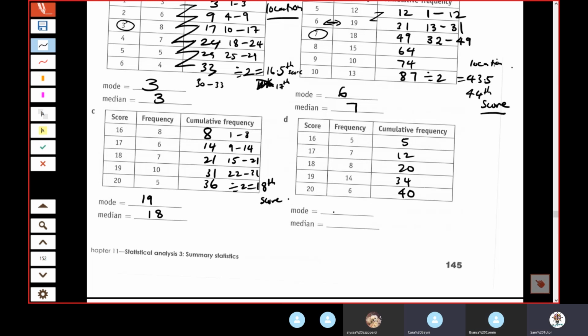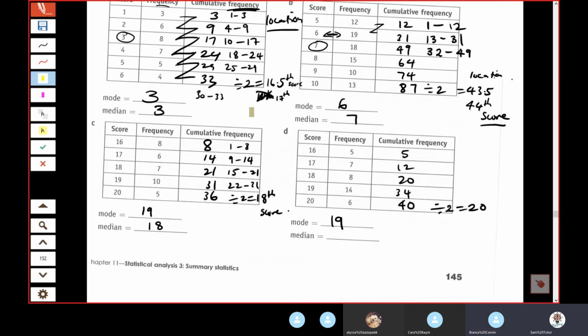Well, what's your mode? You can just see it from here. Which one's the most occurring number? Oh, most occurring is 19. Because it occurred 14 times, right? Median. All right, what's 40 divided by 2? 20. Now listen carefully.